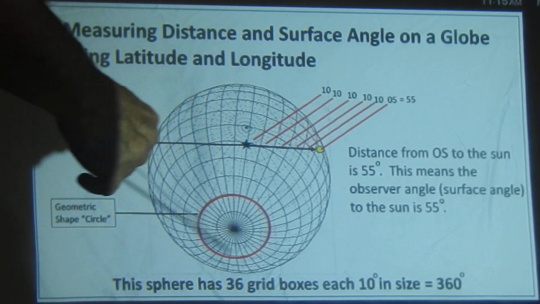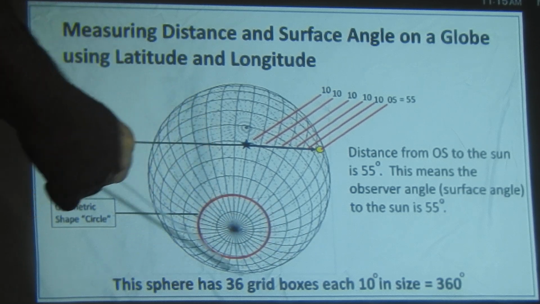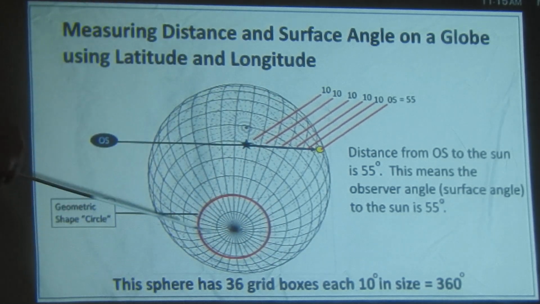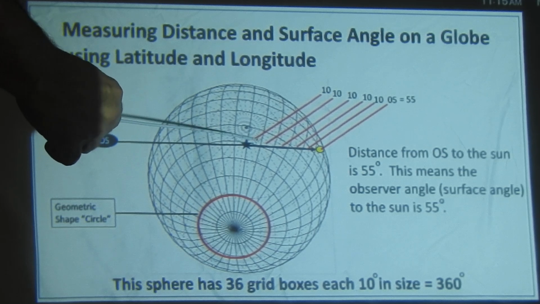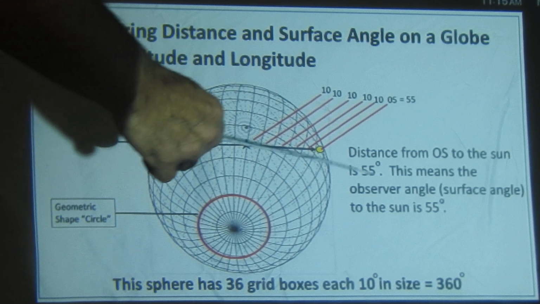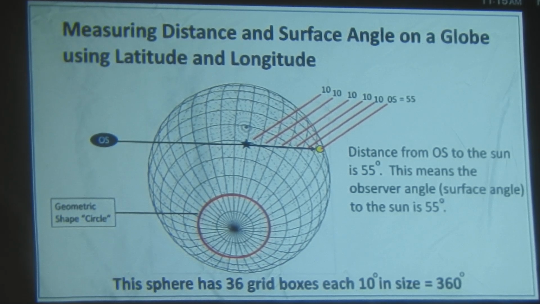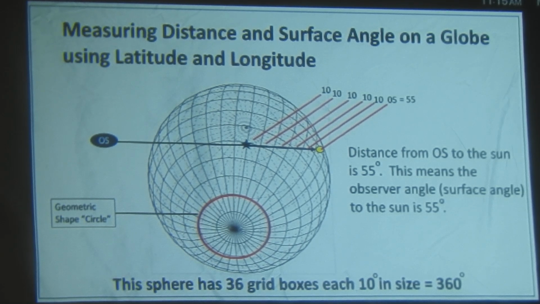So there are a total of 36 boxes in each ring, which creates a circle, a circumference of 360 degrees. So here we have 10, 20, 30, 40, 50, and then halfway through is 55 degrees. That's the surface angle the observer is at to the sun at the measured time of vertical angle testing, or measuring the sun's height. And that's just an example. Again, very simple. It's nothing really hard, but it's not taught in traditional education.